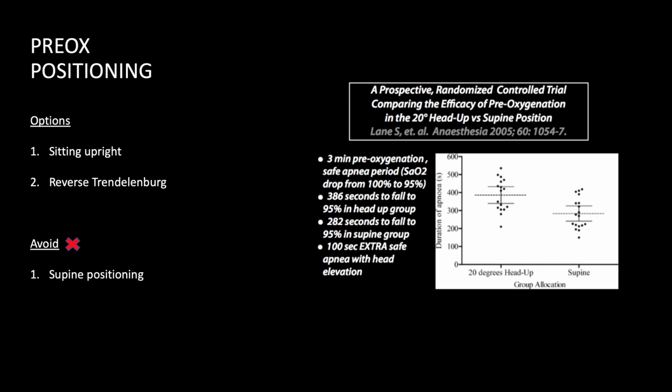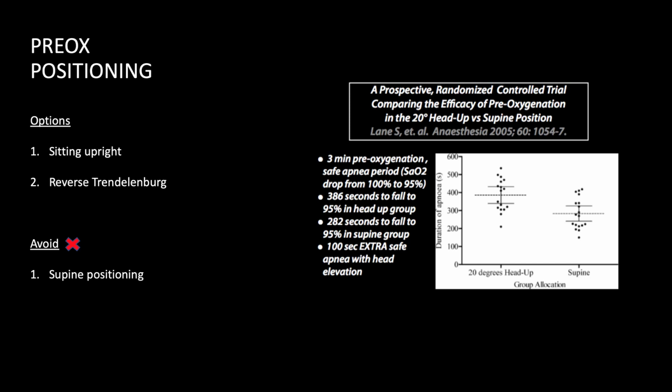I spoke earlier about positioning a patient appropriately and that reducing or extending the amount of time for safe apnea. And this is a study that compared having a patient in 20 degrees of head up or supine positioning and the time it took for desaturation to 95%. You can see that patients in 20 degrees of head up had a significantly longer time of safe apnea before they desaturated to 95%.